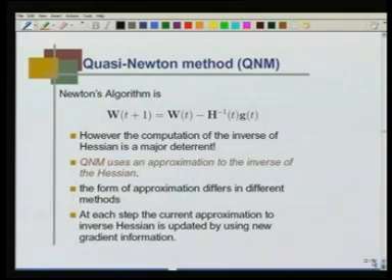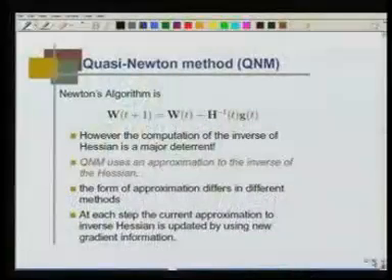So, Quasi-Newton method. First of all, the Newton method does not really work, it is not that great an algorithm. But I do not know historically why people used the Quasi-Newton method, because it simply tries to simplify the Newton algorithm, where there is an inversion of the Hessian matrix, and the Quasi-Newton method tries to do away with the inversion of the Hessian matrix.